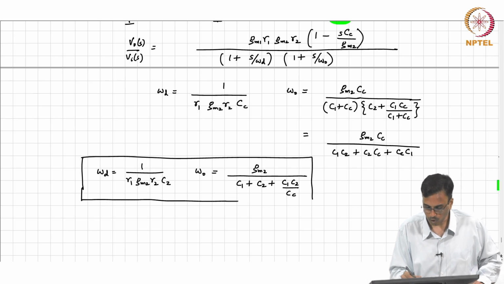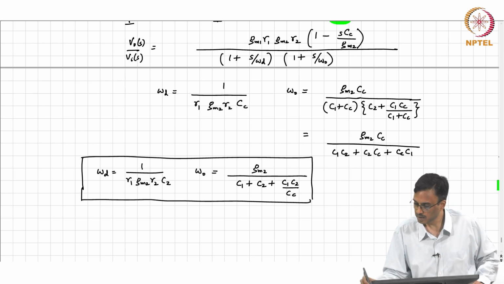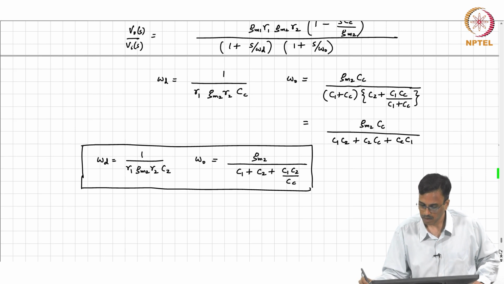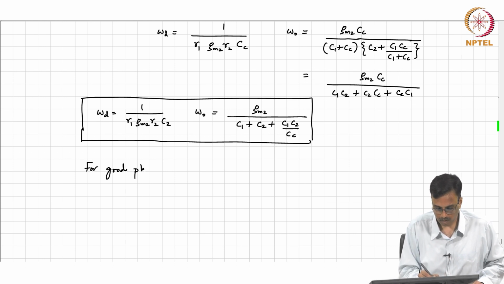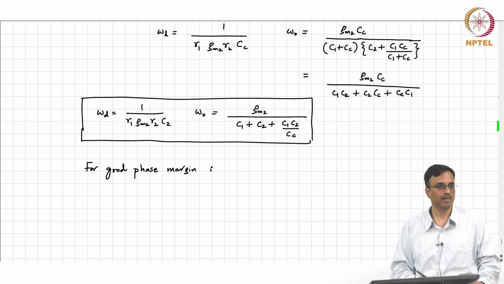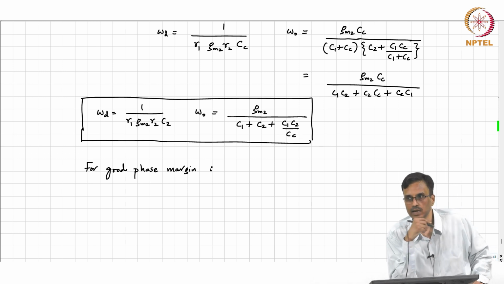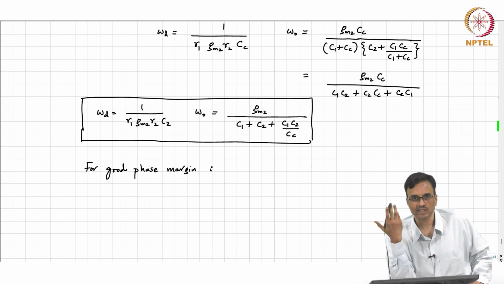Okay. So if you want to have good phase margin, what comment can we make? How should we choose omega d versus omega naught? Omega d is very much less than omega naught is a given, but is that enough?